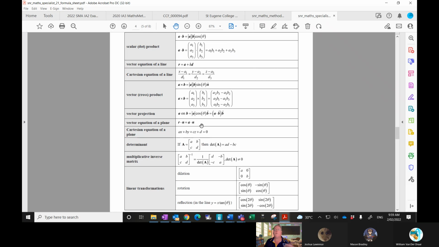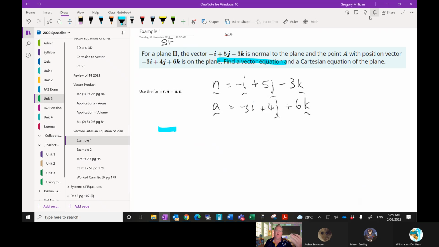So your responsibility is to remember what the variables mean. What is the r, what is the n, and what is the a? You need to learn that, but it's a formula you don't have to remember. It's important that you know where it is and how to use it.